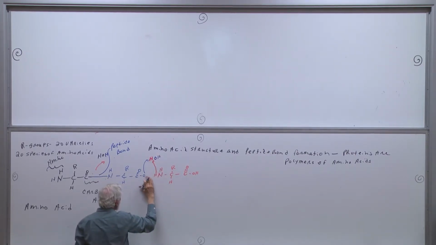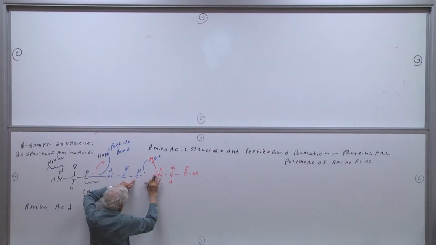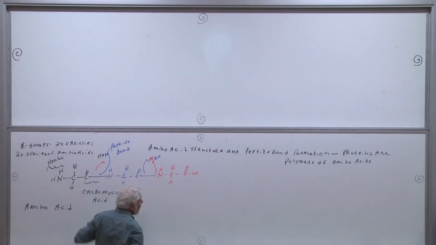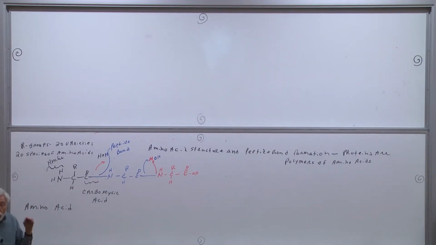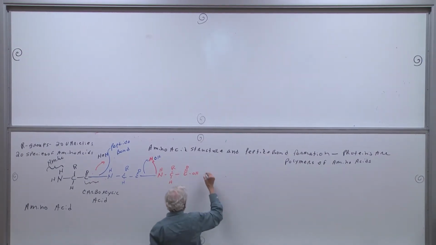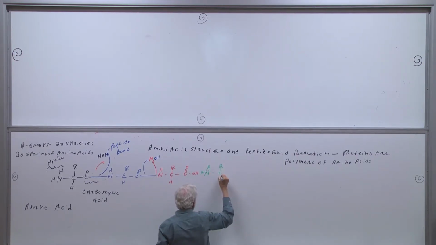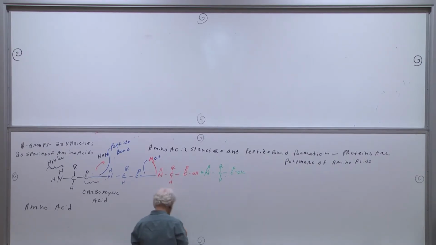And we can again form this carbonyl-carbon nitrogen bond, that peptide bond. We can do this over and over and over again. I'll show you one more here, to a green one. So again, we have the hydrogen, the OH, and the formation of the peptide bond.